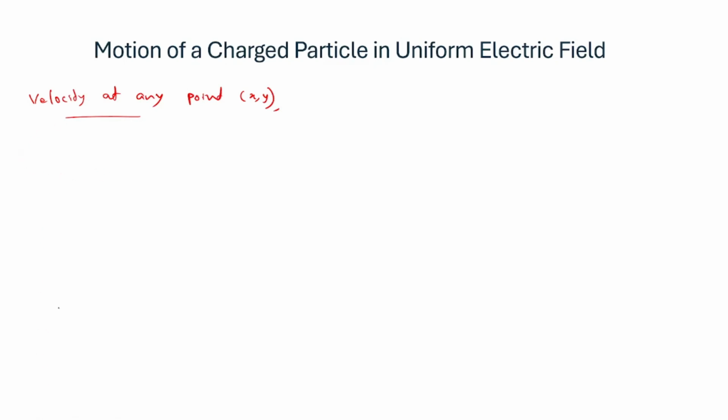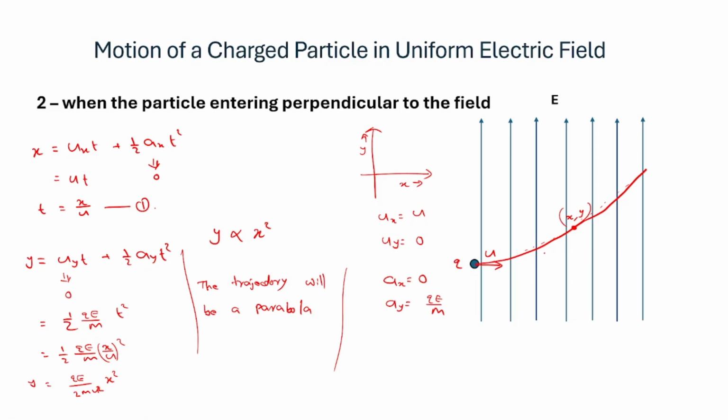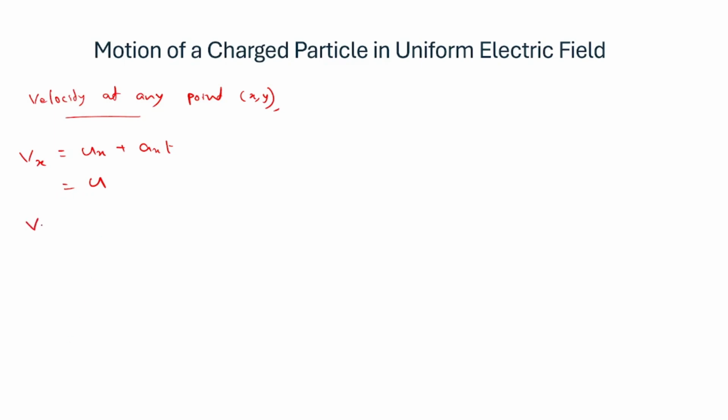For that we can use the first equation of motion, that is Vx is equal to ux plus ax t, and ax is 0, so Vx is u. So the velocity at any point in x direction is a constant, that is u, and similarly the velocity in y direction will be equal to uy plus ay t, and uy is 0, so that will be equal to ay, which is qE upon m, times t.